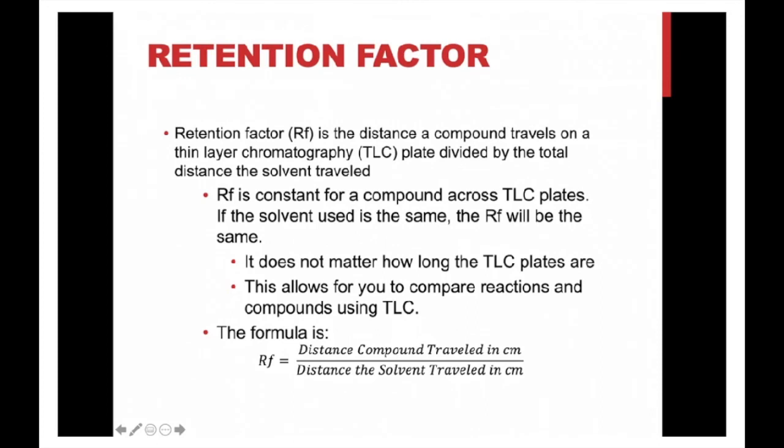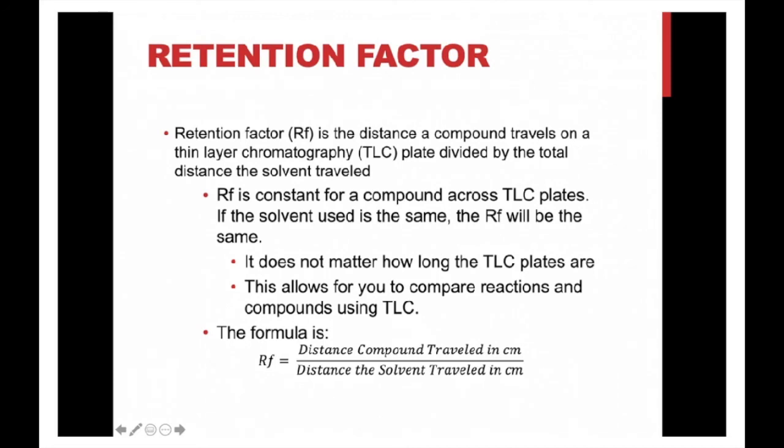So the last thing here is something new. This is retention factor, and it gets abbreviated RF. You're almost always going to hear it referred to as RF. The RF is the distance a compound travels on a TLC plate, a thin layer chromatography plate, divided by the total distance the solvent traveled.